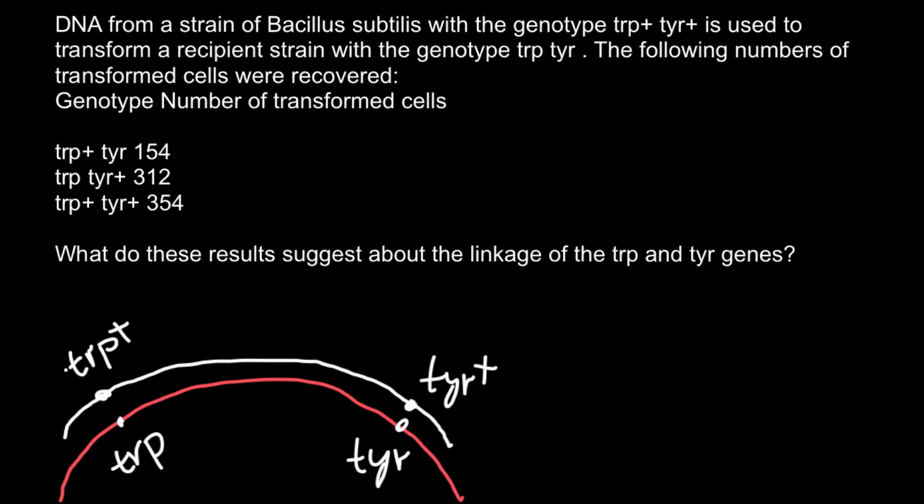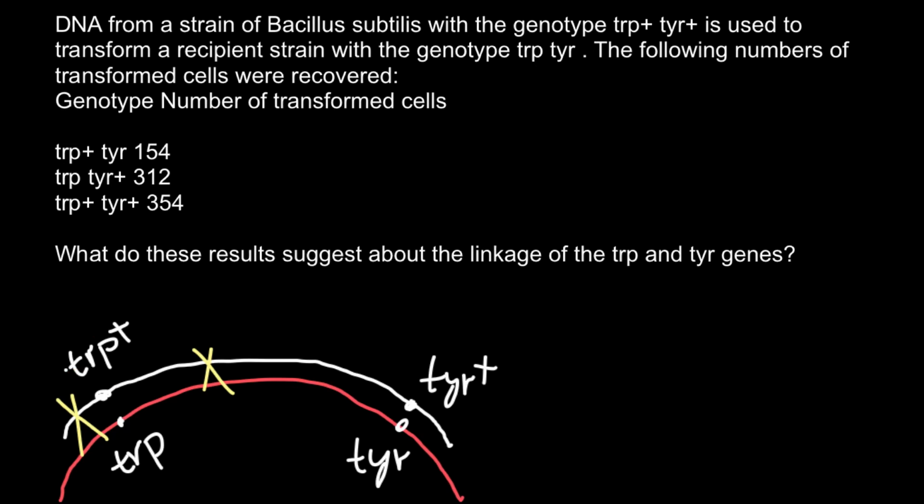So how may this fragment be integrated? We may have such a situation, for example, when one crossing over would happen here, another would happen here. So what are we going to get? We are going to get this fragment integrated here, and this tryptophan plus would replace the tryptophan of the recipient bacteria.